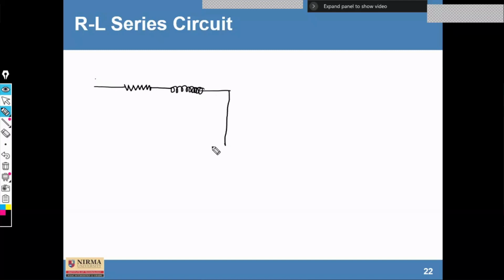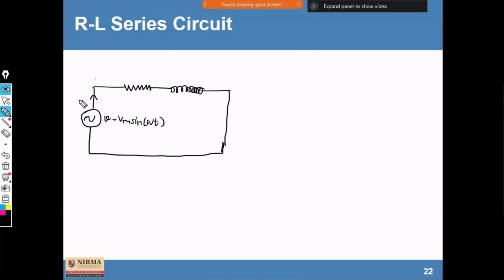So here in this circuit, the AC voltage source V equal to Vm sin omega t is applied, and the current will flow. The amount of current flowing in a series circuit is the same through both elements. So this is R, this is L. The voltage drop across this is considered as VR, and the voltage drop across this is VL.